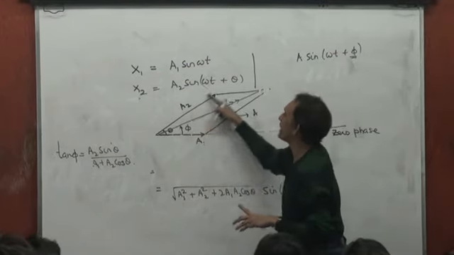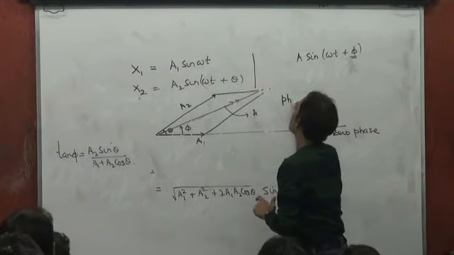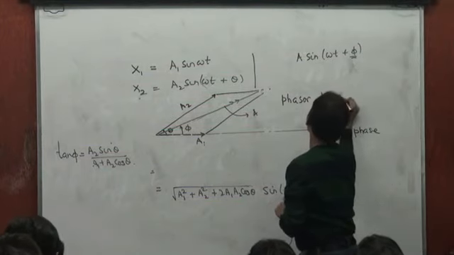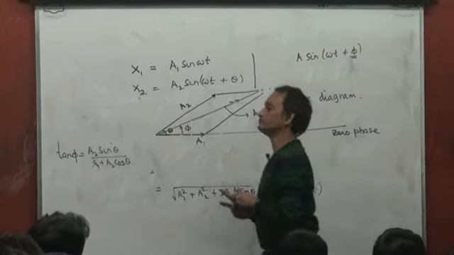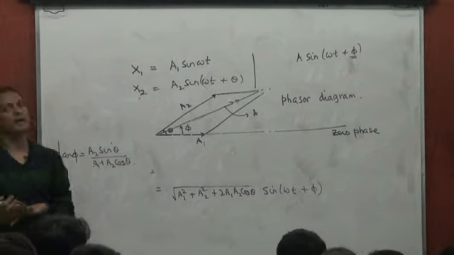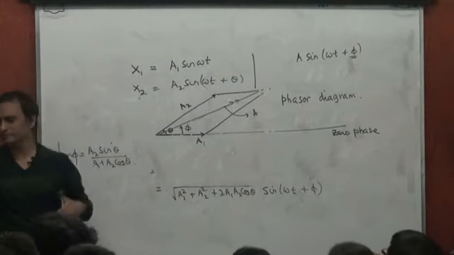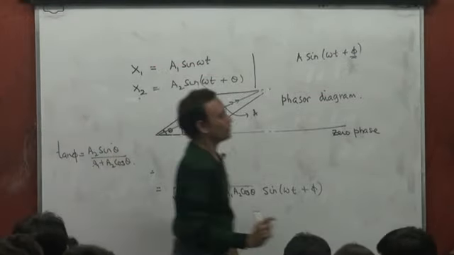And representing a1, a2 in this sense is called a phasor diagram. And the utility of this is best obtained when you have a number of displacements of this kind to be superimposed.